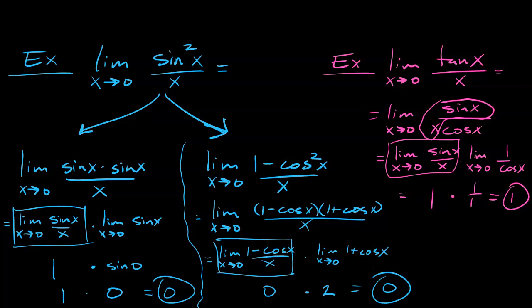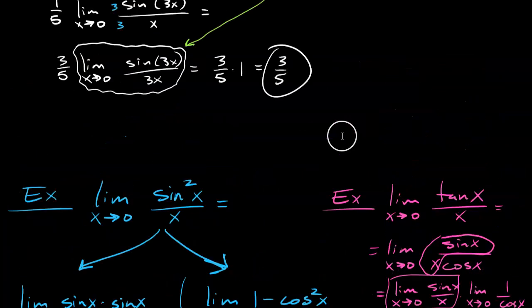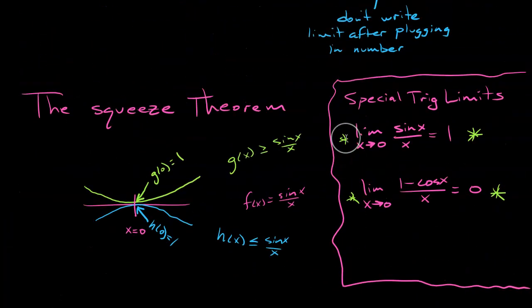So you're definitely going to get trig problems where you can just plug in numbers and be done. You're going to get trig problems where you might have to change things around, like cancel factors, stuff like that. The only trig ones that are going to be different are if they involve these two special trig limits.